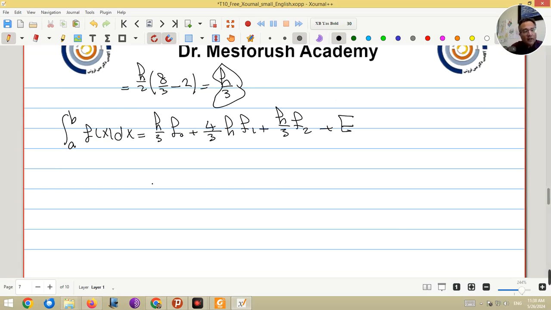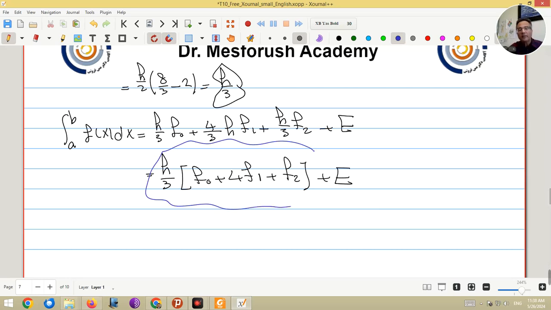And I can write this into this form, h over 3 times (f0 plus 4 f1 plus f2) plus E. The first part here is exactly the Simpson formula, and I have computed it before with two other techniques.